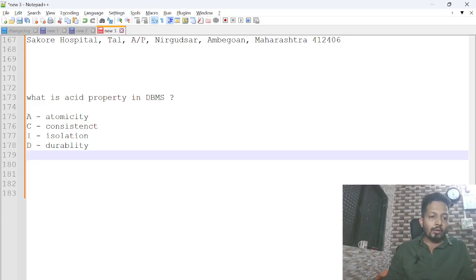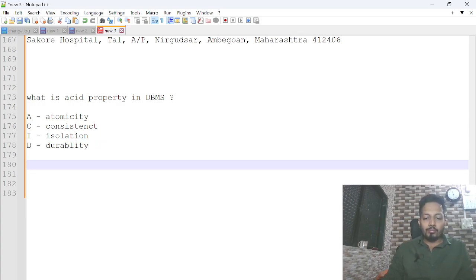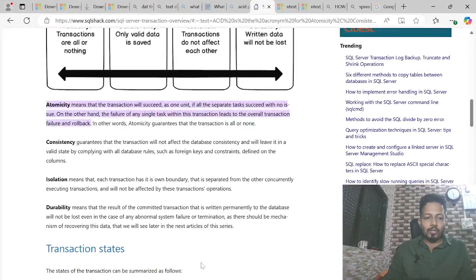No. Durability means if the transaction is completed on that table, it will show the result. Once the transaction is completed, it will get recorded into the server and you will always get the output like that.